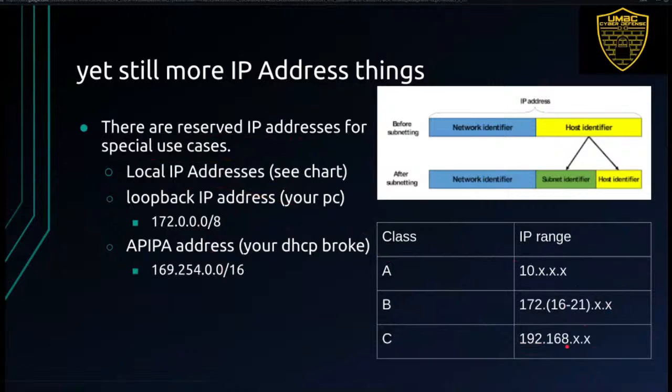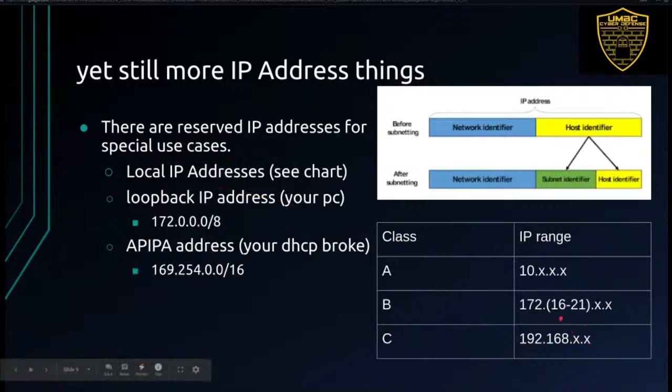The something.something can be anything from 0 to 255. Most of the time it's either .0.something or .1.something, since it's usually a /24.